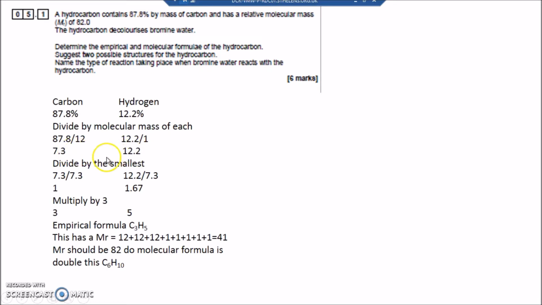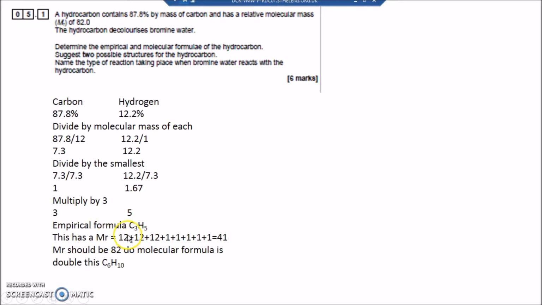We need these in whole numbers, so the next step is to divide by the smallest, that being 7.3. 7.3 divided by 7.3 is 1, 12.2 divided by 7.3 is 1.67. Now we need to multiply by a number to get this into a whole number, and that's a 3. If you multiply by 3, it'll come out to be a 5. So multiply them both by 3, 3 to 5. So the empirical formula is C3H5.